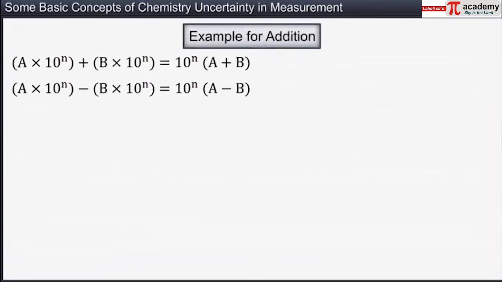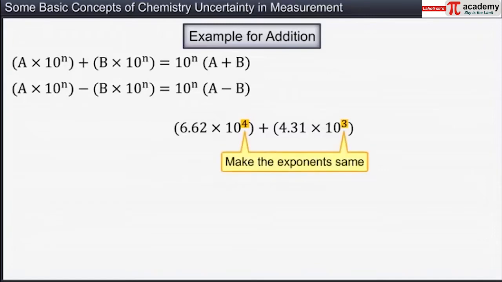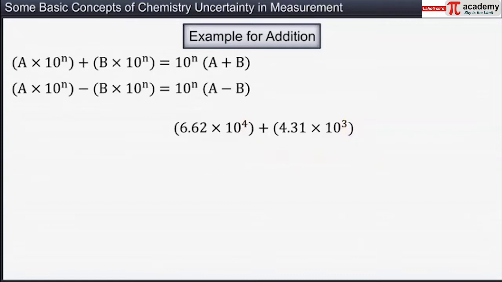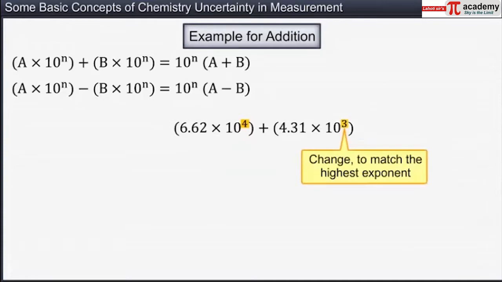For example, in this equation, one exponent is 4 and the other is 3. Therefore, in order to add the numbers, first we have to make the exponents the same. As 6.62 has the larger exponent, that is, 4, we have to convert the exponent of 4.31 to match the larger exponent.